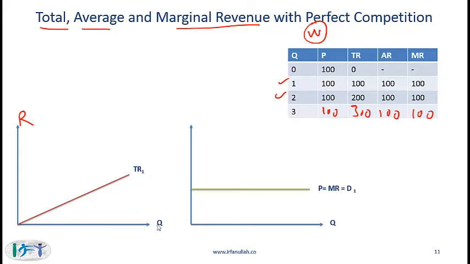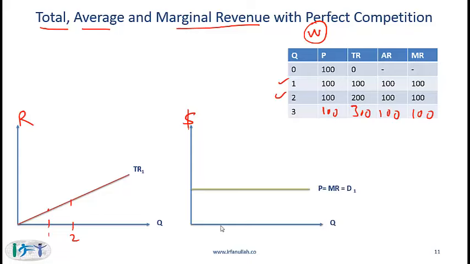As quantity increases, revenue increases linearly. So quantity 1, revenue 100, quantity 2, revenue 200, and so on. A fairly straightforward relationship. And as I have mentioned, here on the right, quantity is the x-axis and we have a dollar figure on the y-axis.